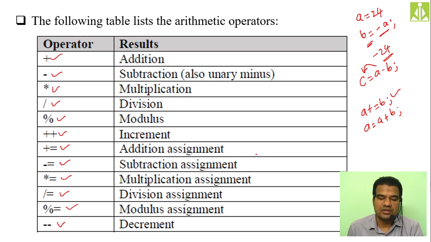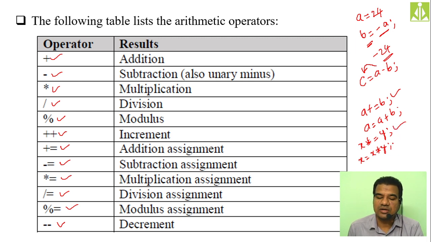This applies to all the arithmetic compound assignment operators. In the case of multiplication, let us say you have x multiply equals y. What does it mean? x multiply equals y means x equals x multiplied by y.